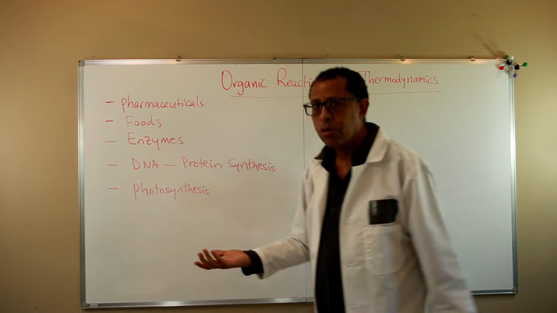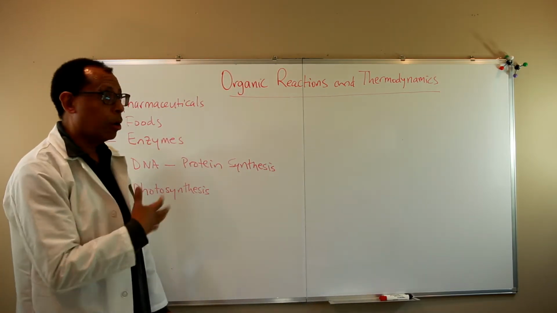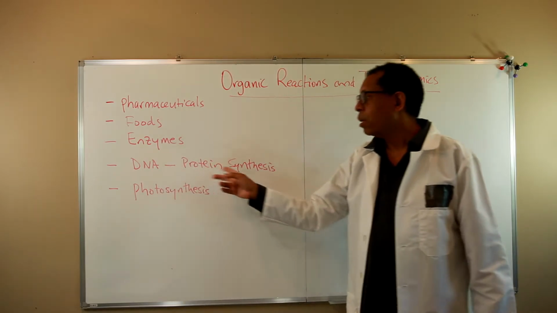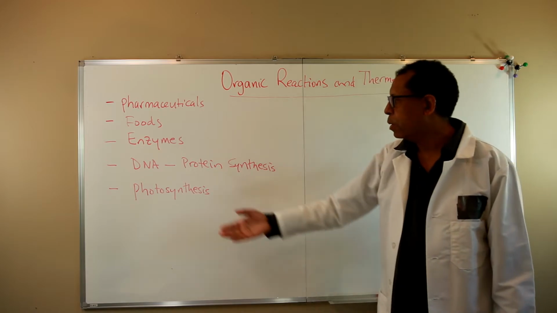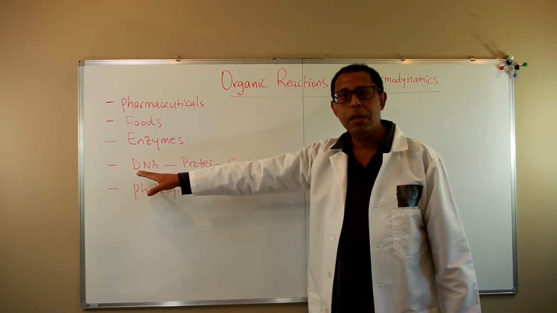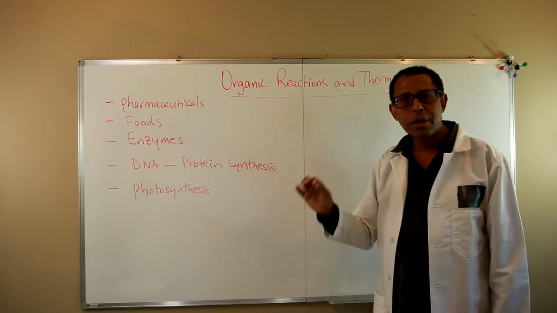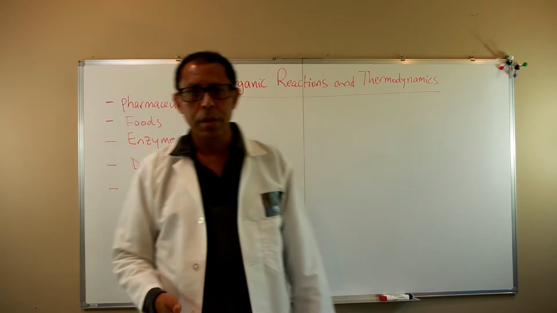How about DNA to protein synthesis? All of the proteins that are being synthesized in our body every second, every microsecond, involve chemical reactions catalyzed by enzymes. Those are the instructions by DNA to produce a certain type of protein, which involves myriads of chemical reactions.